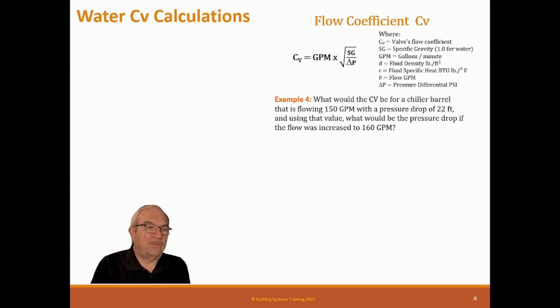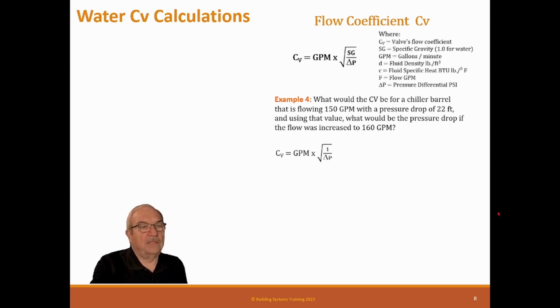So what happens is if an engineered system had a chiller at 150 GPM with a 22-foot drop, but the flow needs to be different in the field for whatever reason, now that drop is not correct. So now you have a challenge if you're a TAB guy of, well, where do I set? You know, I set flow by measuring the drop of the chiller barrel. So how do I know that? Well, this will do it.